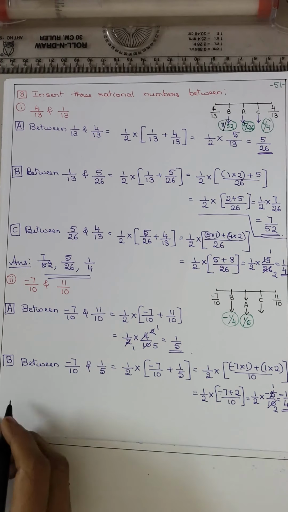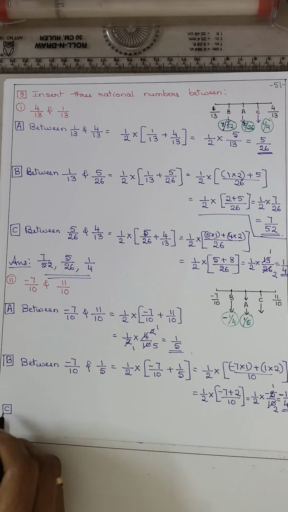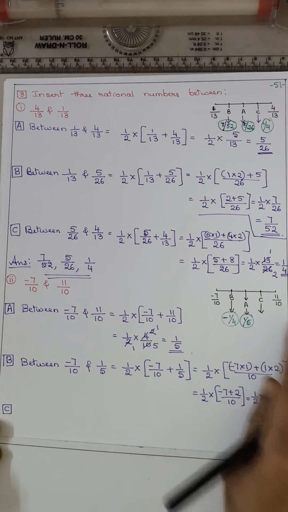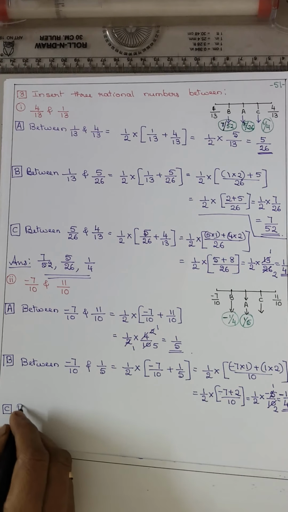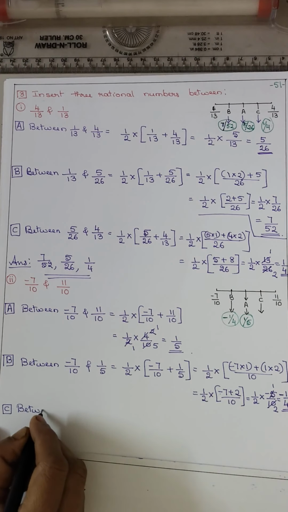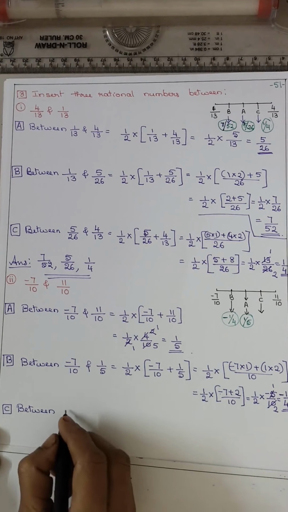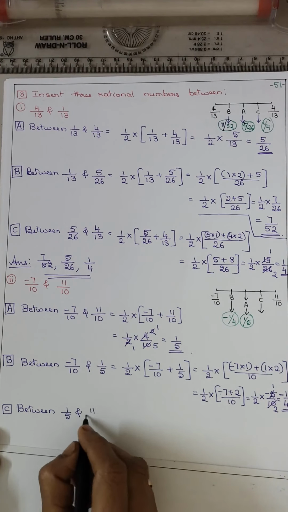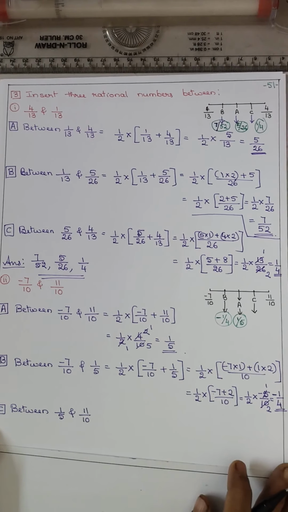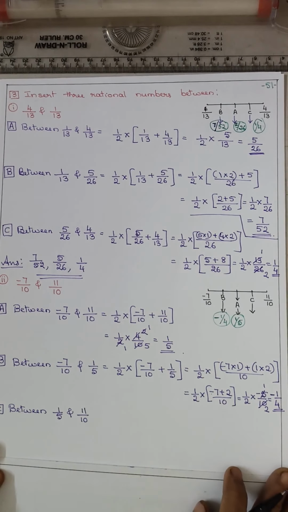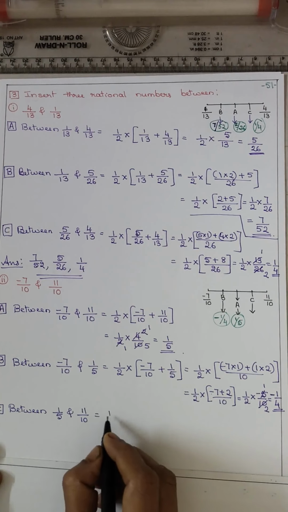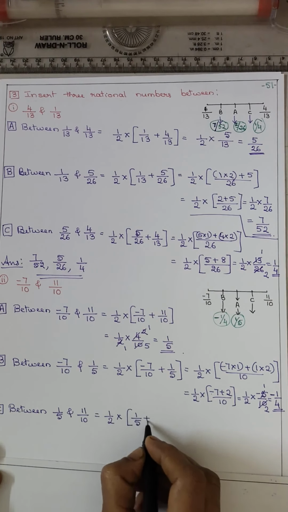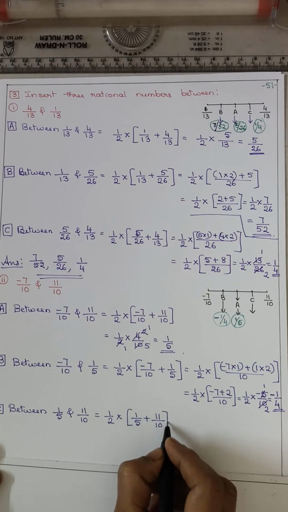Now coming to C, the third number. So we have to take 1 by 5 and 11 by 10. So between 1 by 5 and 11 by 10, half into 1 by 5 plus 11 by 10.